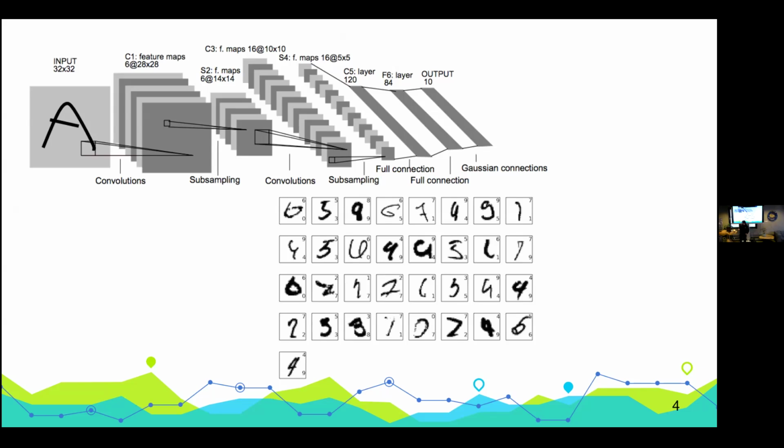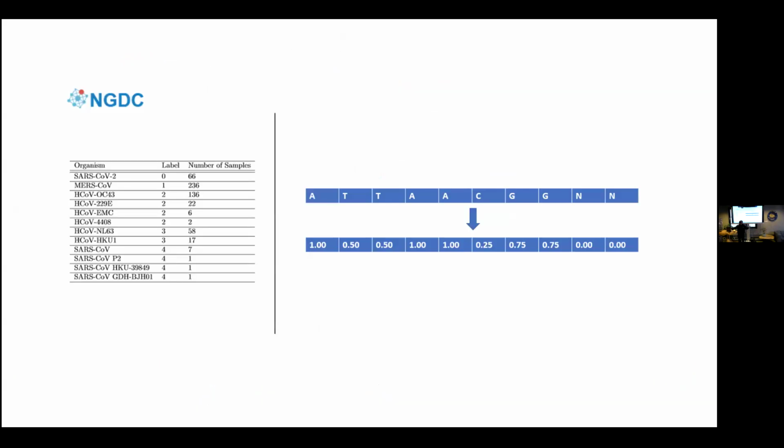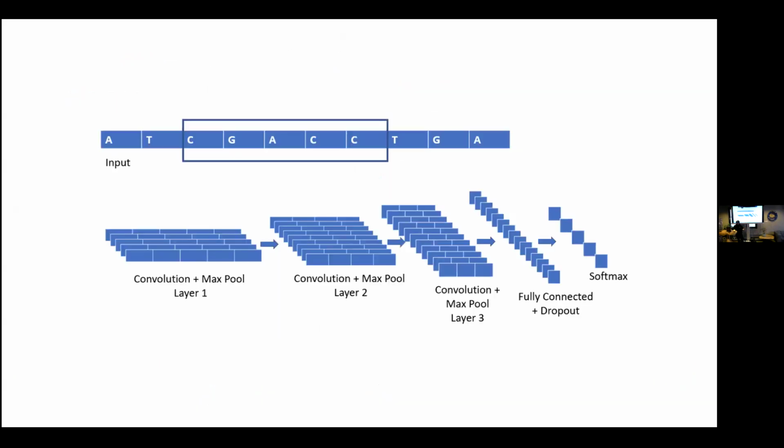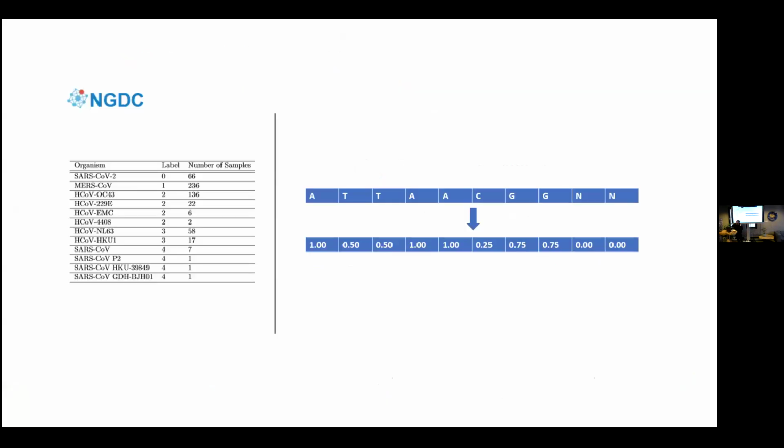Now, if I wanted to go back to the example of trying to find a sequence in the SARS-CoV-2, we will have to code it in order for the convolutional neural network to understand it. If we're trying to detect characters, for example, each pixel only has 0 and 1.